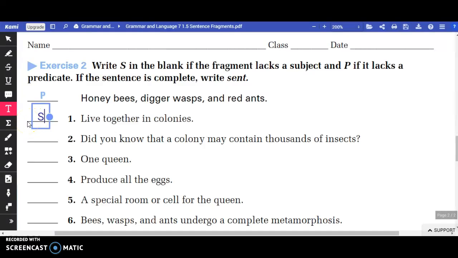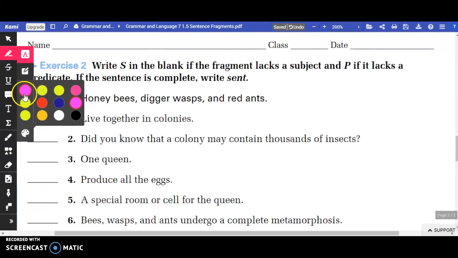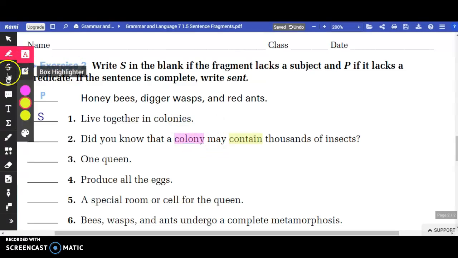2, did you know that a colony may contain thousands of insects? So for this sentence, it's about a colony, and what that colony does is contain thousands of insects. So I have my subject, which is the colony, and my predicate, which tells me what the colony did and it contained.